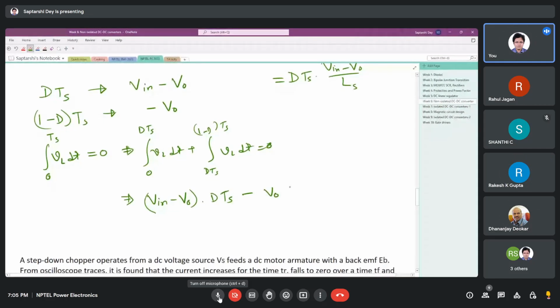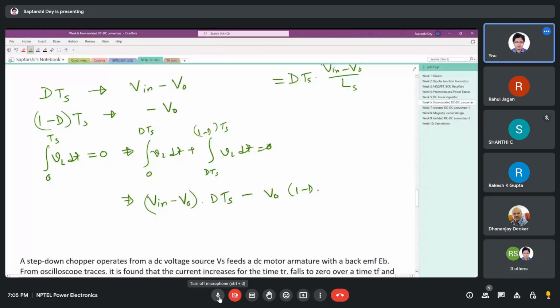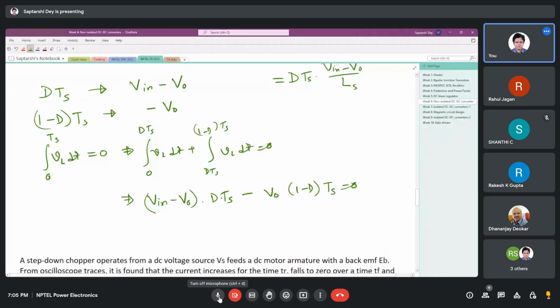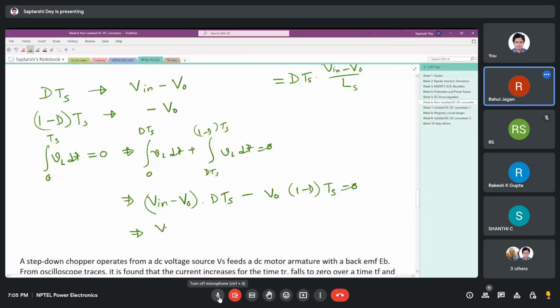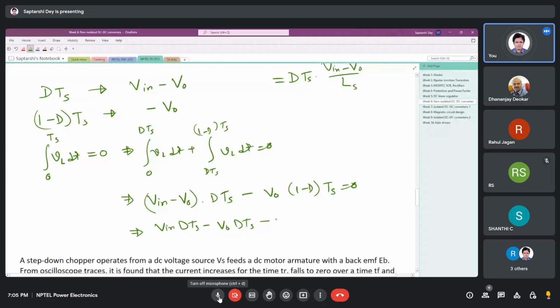Sir, one more term is missing something. Okay, minus V naught in (1 minus D)Ts, correct. So Vin dTs minus V naught dTs minus V naught Ts plus V naught dTs.